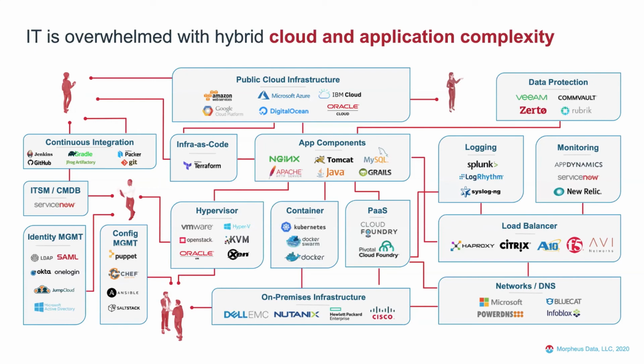There's a number of adjacent technologies that are required to make sure the environment functions, from logging to monitoring, from load balancing technologies, from configuration management technologies. And organizations are looking at bare metal. They're looking at virtualized applications. They're also looking at now being able to build modern applications, leveraging new technologies like infrastructure as code, especially as they start to work across the cloud.